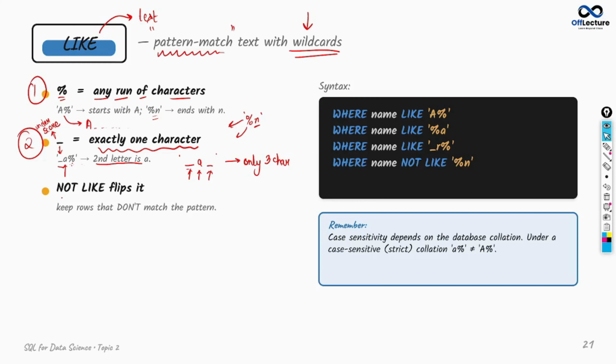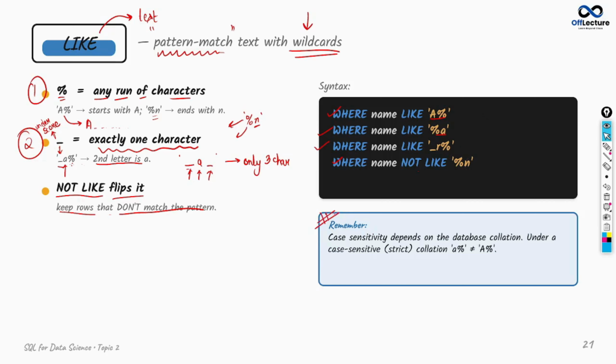And NOT LIKE flips it, that is, it keeps the rows that don't match the pattern. So you can see where name like this, where name like underscore r percent, where name not like percent n. This is the kind of syntax we will use.